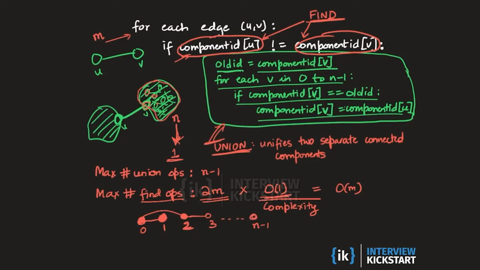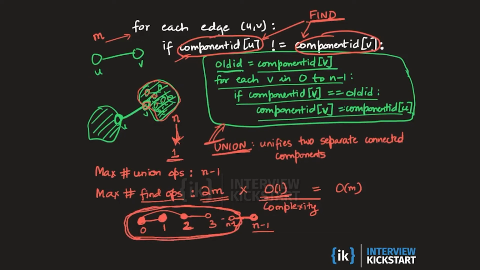Vertex n-1 let's say has an edge to one of the vertices in the existing connected component, and let's say all the vertices from 0 to n-2 are connected together, and then when this new edge is seen between n-1 and one of the other vertices, vertex n-1 convinces the other vertex to change its ID, and so everyone here has to change their ID.